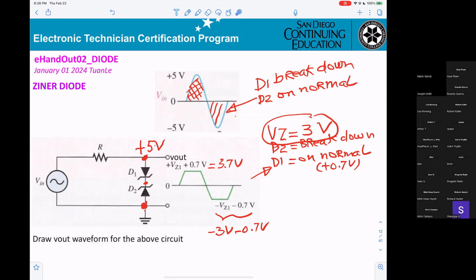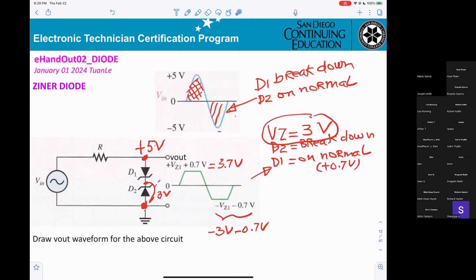When they break down, they will be 3 volt here. When you get 3 volt here, 5 volt here, D1 will be on, so that's why you get 0.7 volt for this Zener.